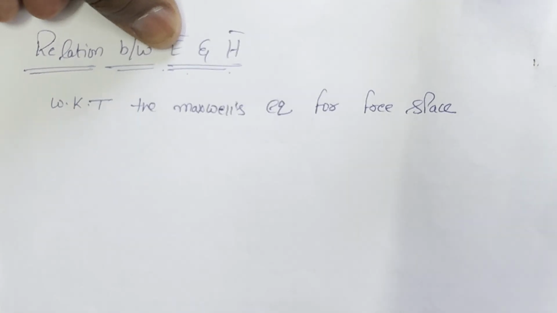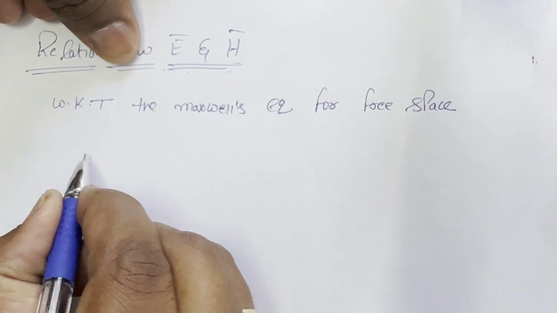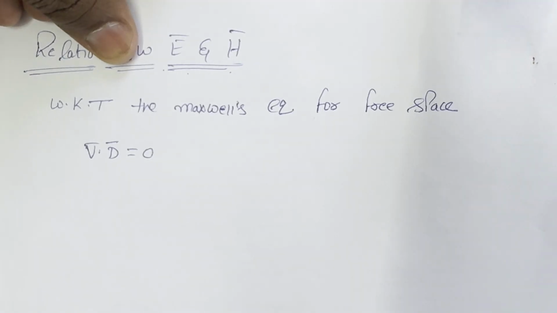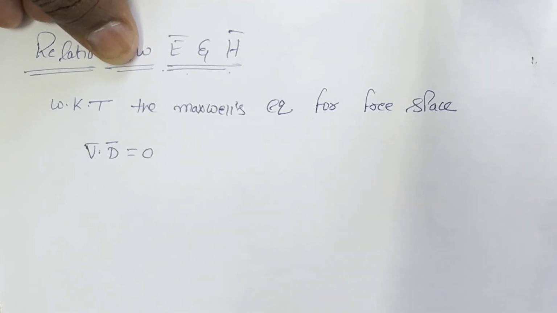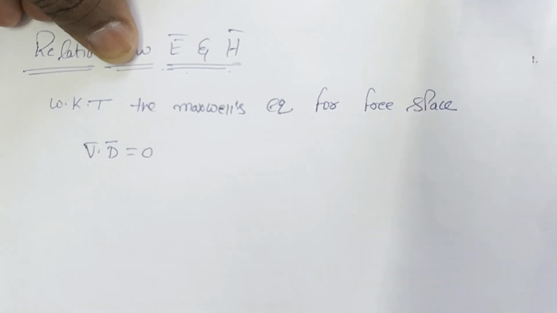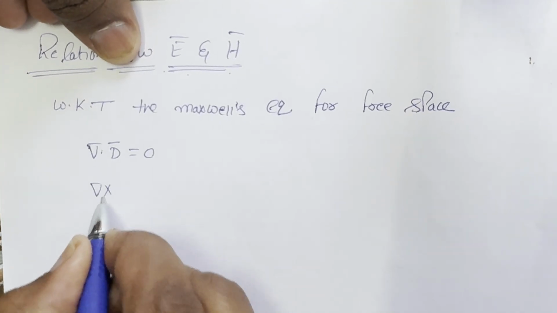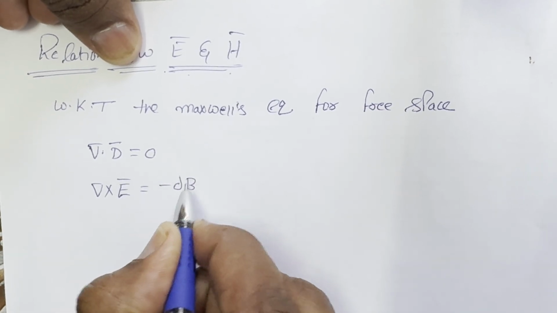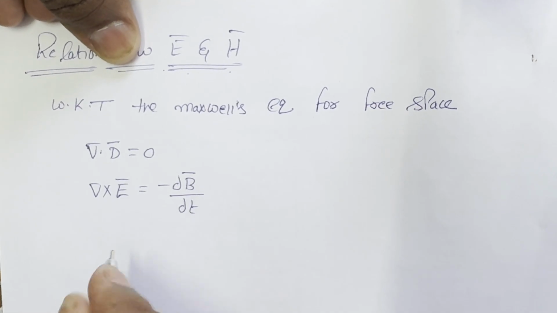Maxwell equations for free space: one is del dot D bar equal to 0, and the second one is del cross E bar equal to minus dou B bar by dou t.